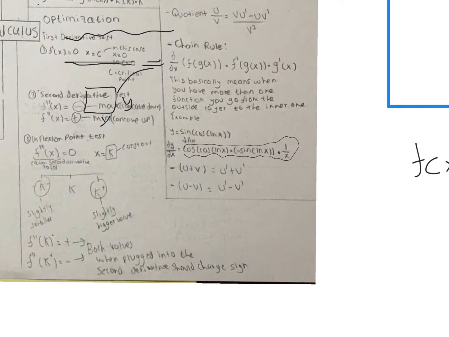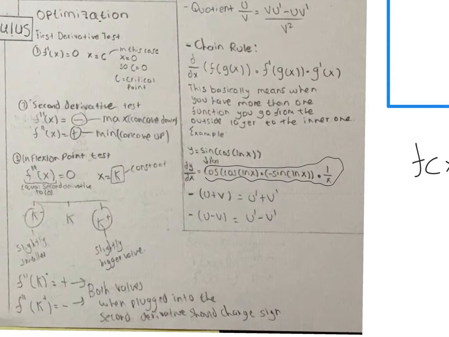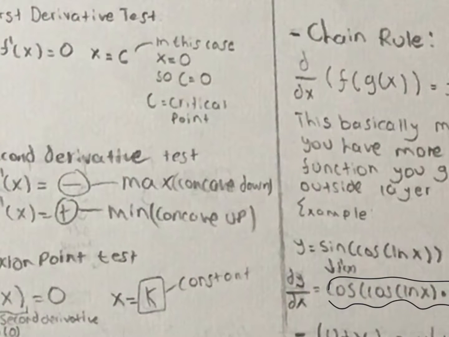Optimization has three basic parts: the first derivative test, the second derivative test, and the inflection point test. The first derivative test is simply saying the derivative of the function of x equal to 0 will give me a critical point. In this case, suppose y equals x. So the function of x will give us an x value.